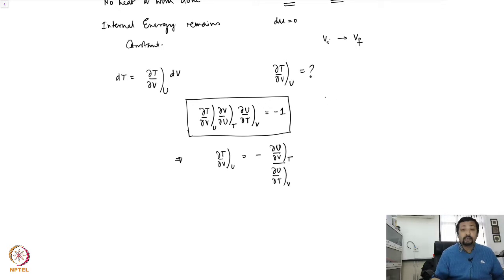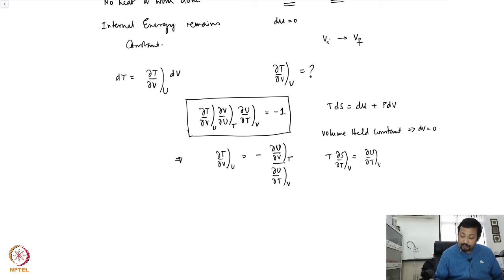Now let us go back to the first law, which we write down as dU plus PdV. You immediately see that if volume is being held constant, this implies dV is equal to 0, and one has T(∂S/∂T)_V equal to (∂U/∂T)_V.